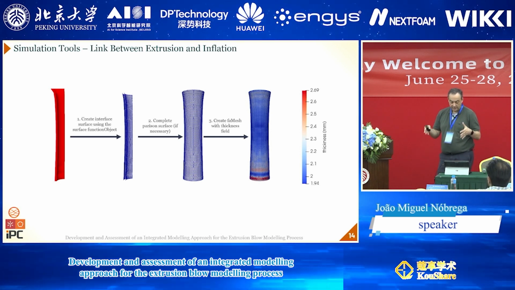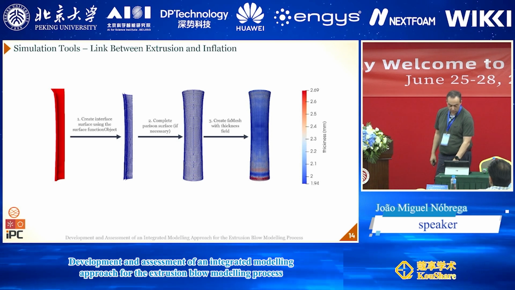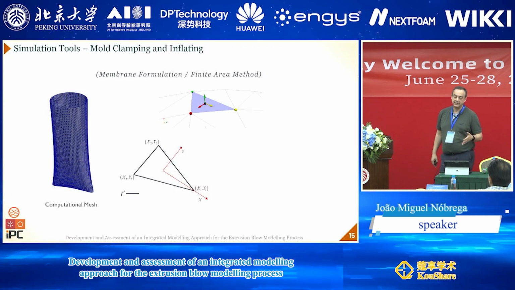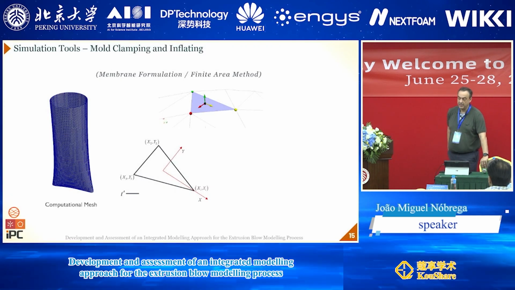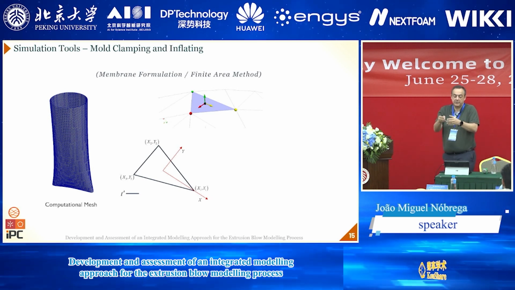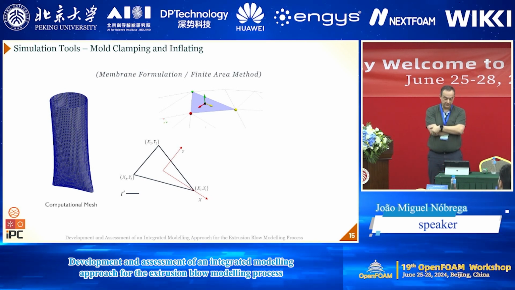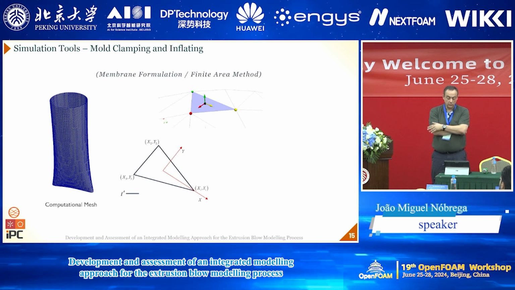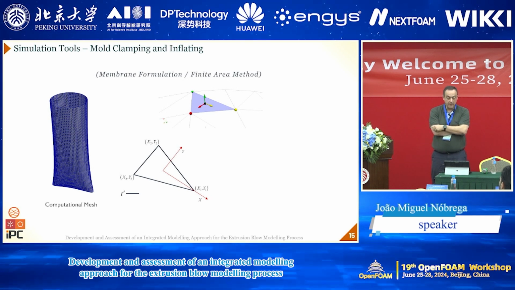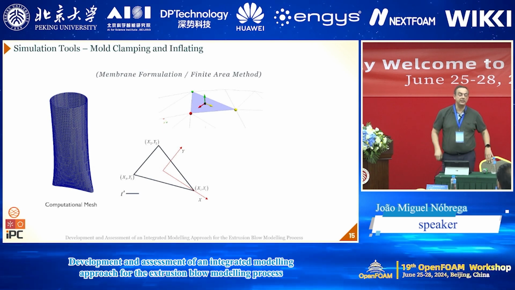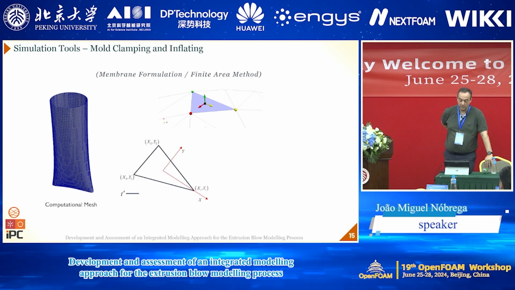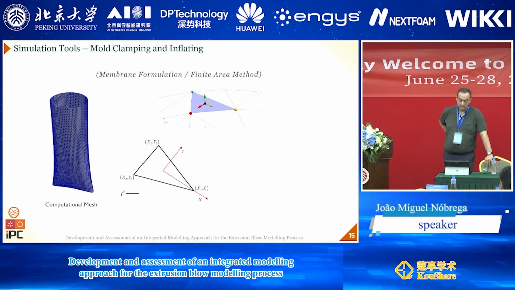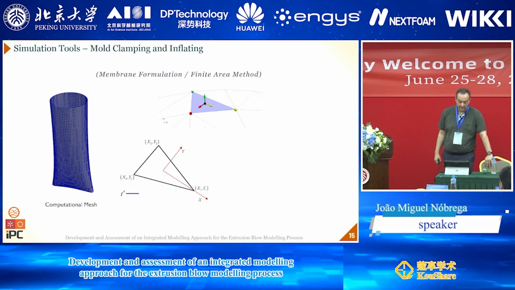And since we got the outer surface, it allows us to progress to the second phase, that is the mold clamping and inflation. The part where the mold closes and then the tube is inflated. And for that, what we do is we use a membrane formulation, and we took advantage of the finite area approach that is available in OpenFOAM.